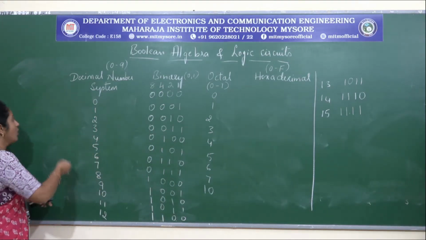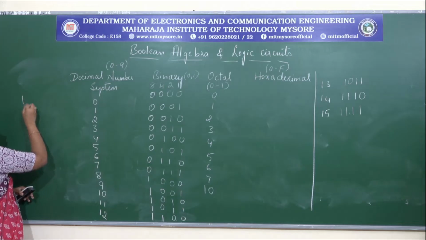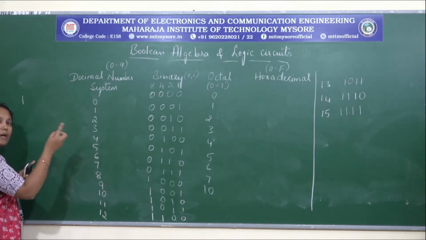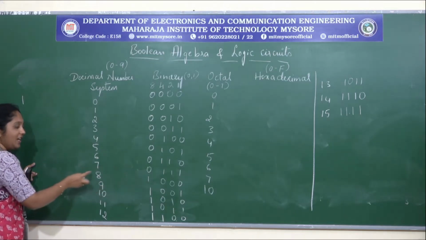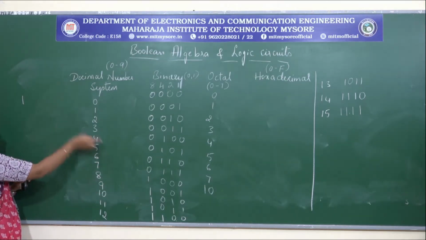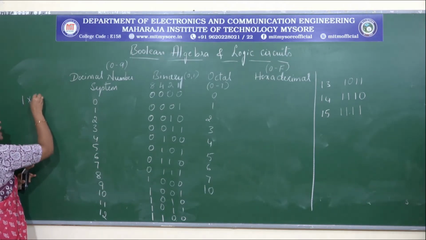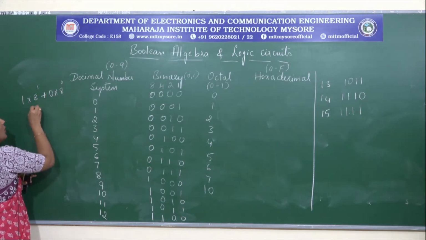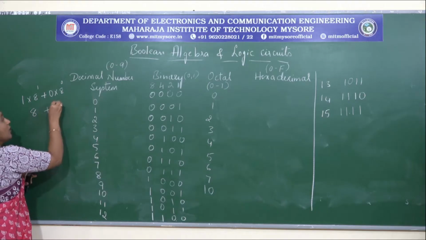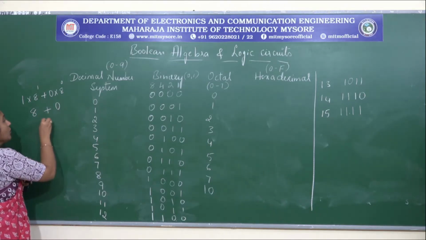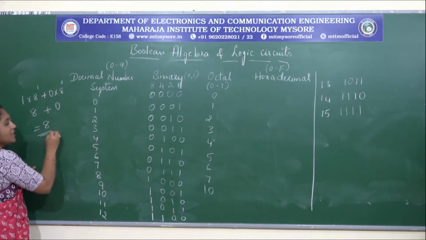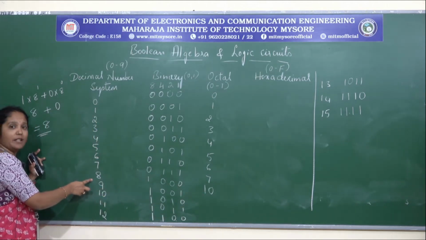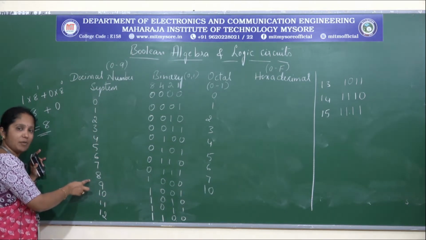You can check that by writing the expanded form of that number, and you will get the equivalent in decimal. Say for example we have 10, so 1 into 8 power 1 plus 0 into 8 power 0. 1 into 8 is 8 plus 0 into anything is 0, so 8. Therefore, 10 in octal will give you 8 in decimal.